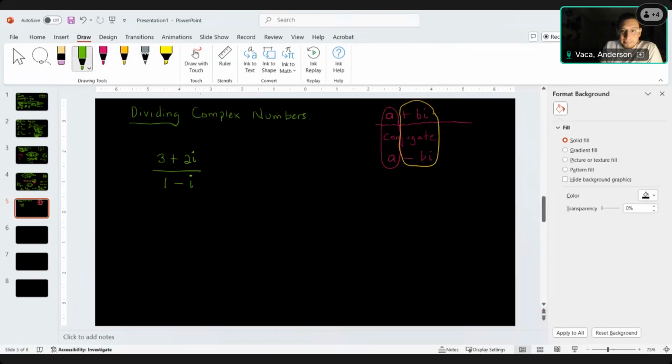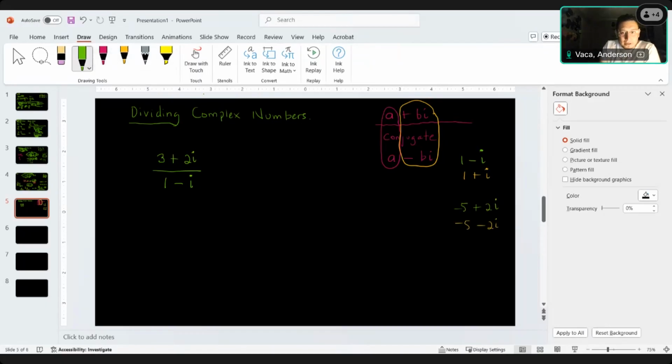So for example, if I have 1 minus i, its conjugate will be 1 plus i. If I have negative 5 plus 2i, its conjugate will be negative 5 minus 2i.